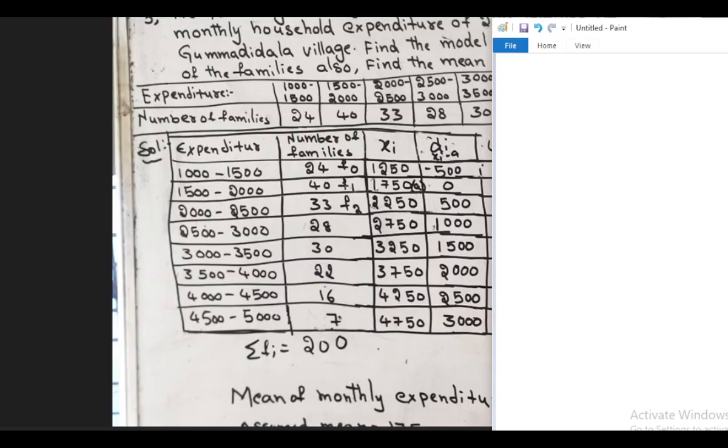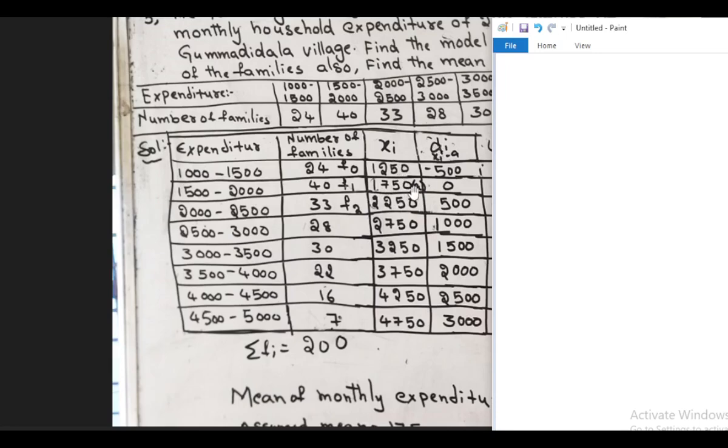To take the deviations, we need one assumed mean. So we are assuming the mean as the midpoint of the maximum class frequency, that is 1750. So the assumed mean here is 1750.